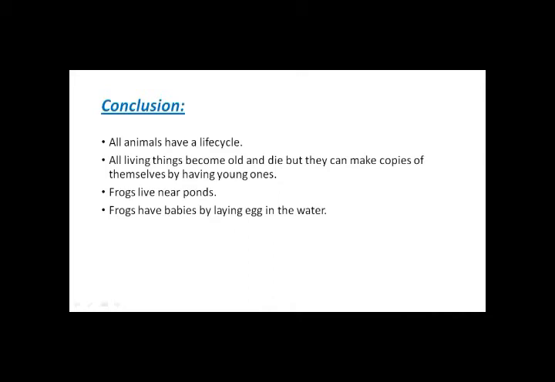Young ones means babies, like animals have babies. Frogs live near ponds, and sometimes they live in the water, and sometimes they live on the land. Frogs have babies by laying eggs in the water.